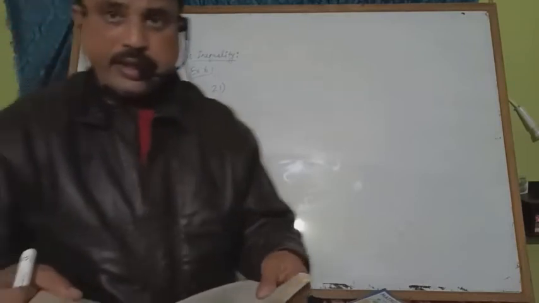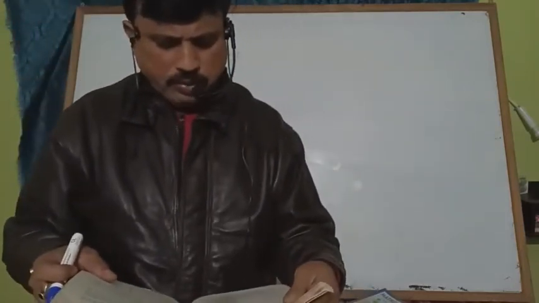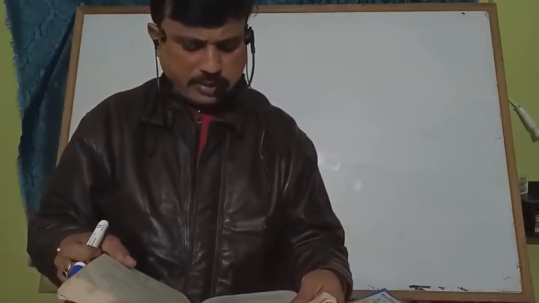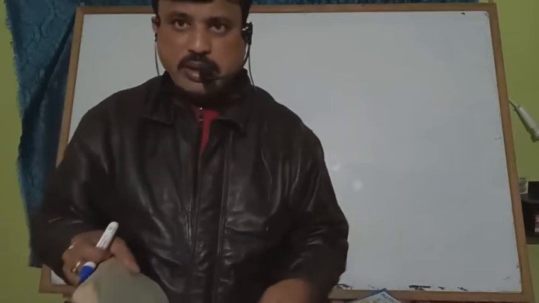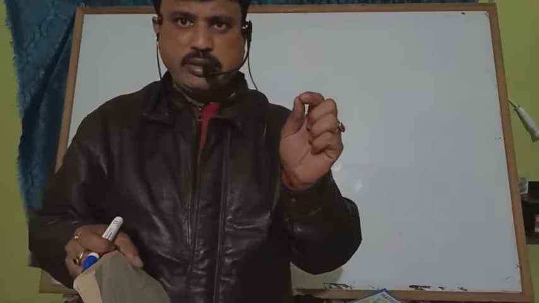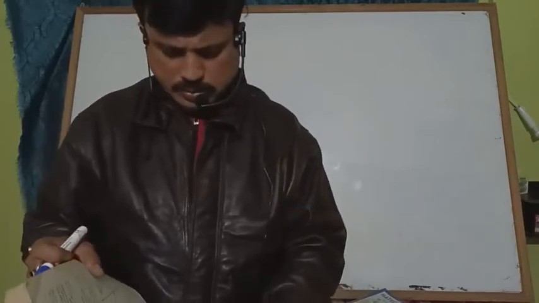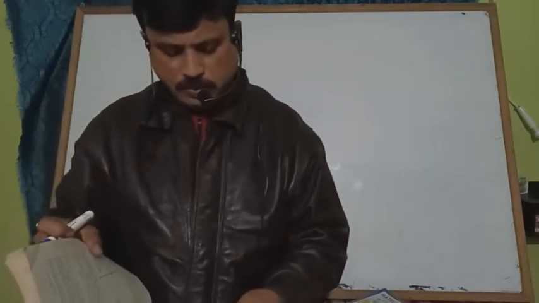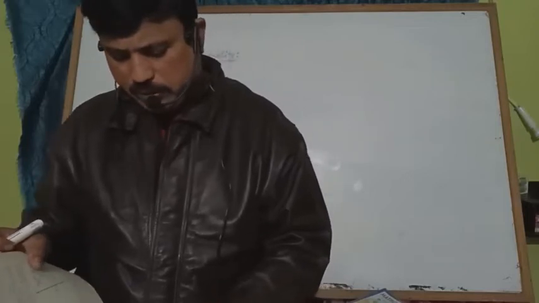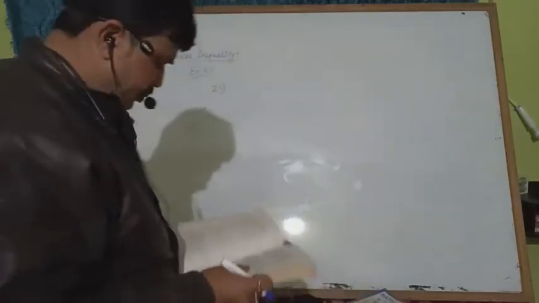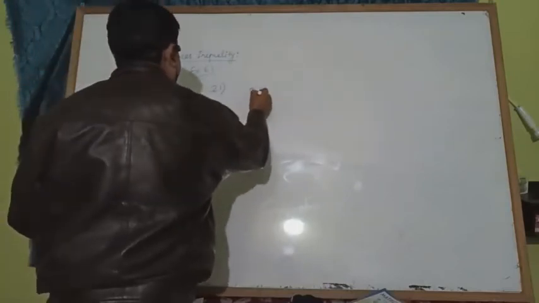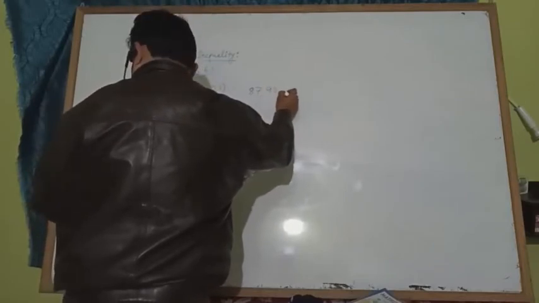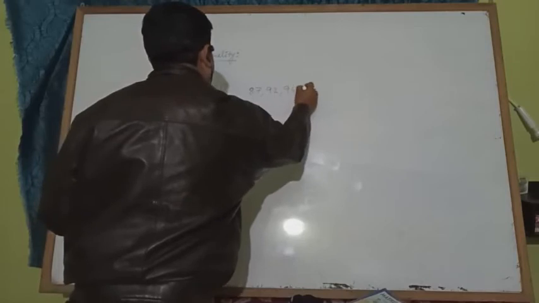To receive grade A in a course, one must obtain an average of 90 marks or more in 5 examinations, each of 100 marks. So there are 5 examinations, and if you want grade A, you have to score 90 marks or more on average. Sunita's marks in the first 4 examinations are 87, 92, 94 and 95.